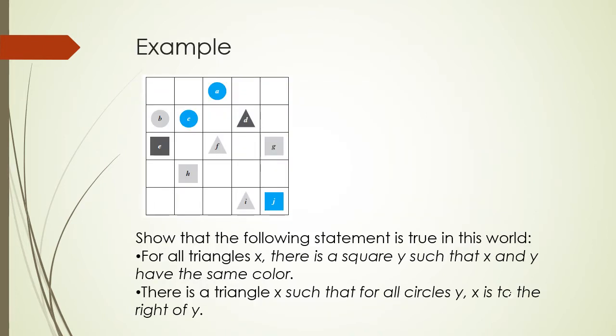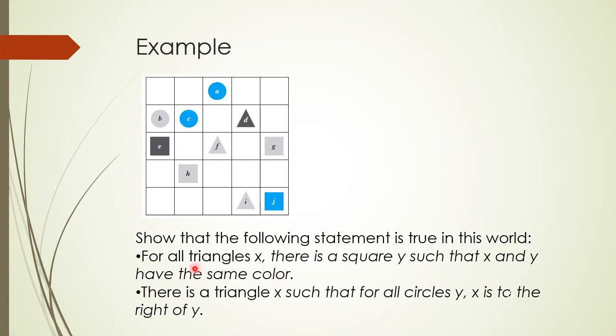In order to conceive the idea of getting the truth value for multiple quantified statements, let us consider an example. The first multiple quantified statement: for all triangles x, there is a square y such that x and y have the same color.